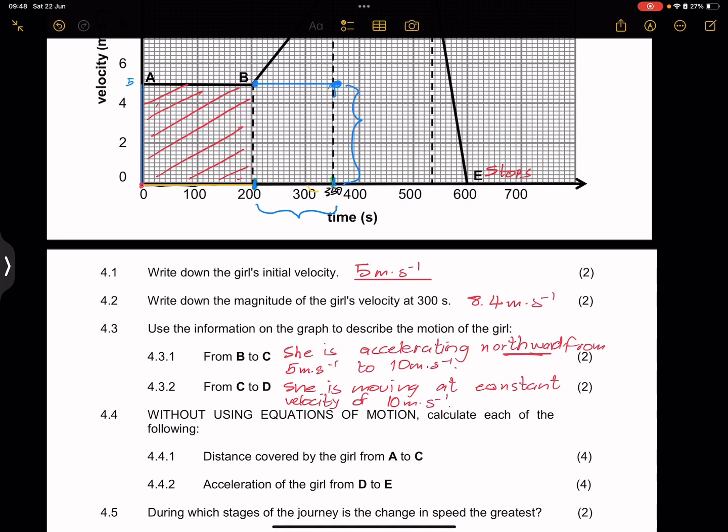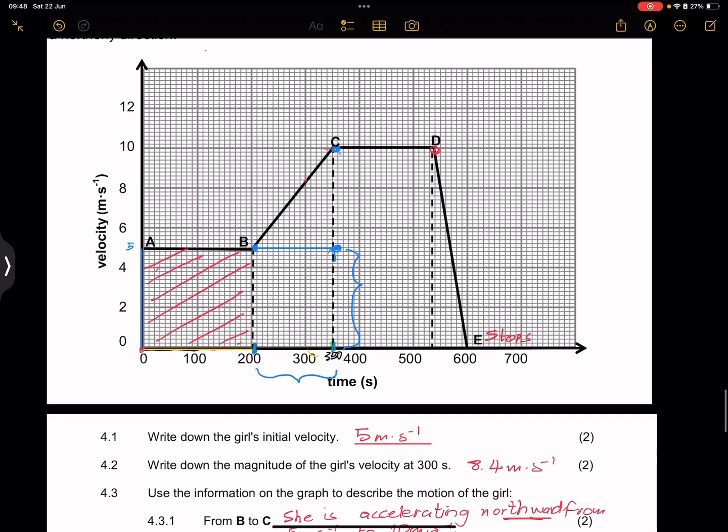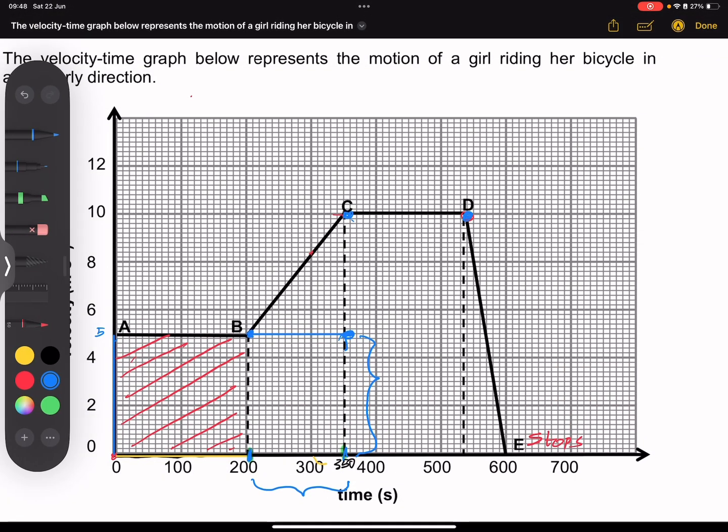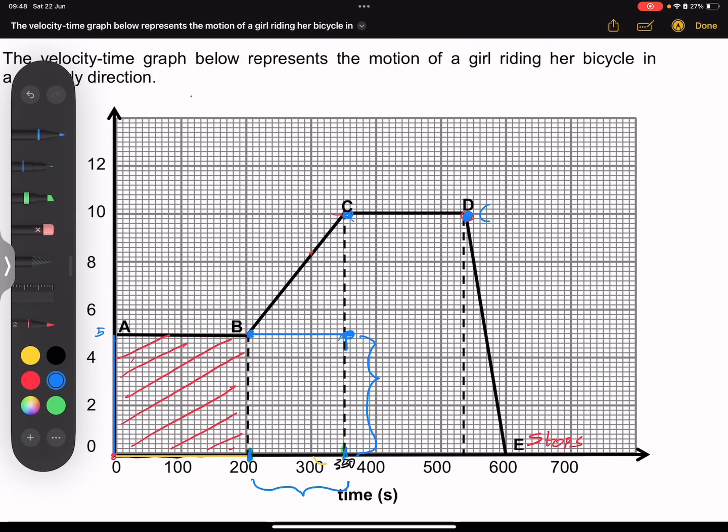They say calculate the acceleration of the girl from D to E. Notice from D to E, let's start with the time. The time at D, remember, we are increasing by hundreds for the major line, and for each step you divide that by 10.